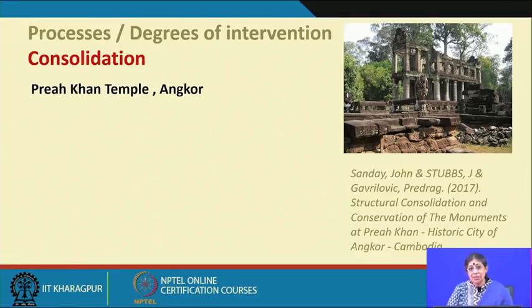Again, I am saying that it is very easy to dismantle, it is very easy to keep it as it is, but when we are talking about something which we have said is valuable and significant to us, we must take care how to keep it or give it the strength required so that it can survive a longer period.